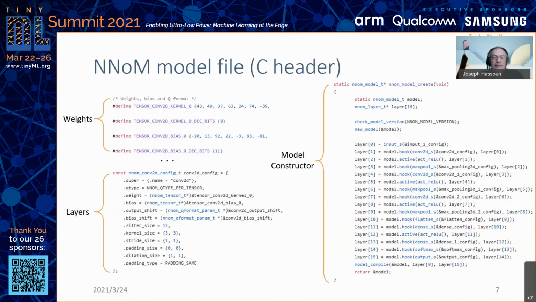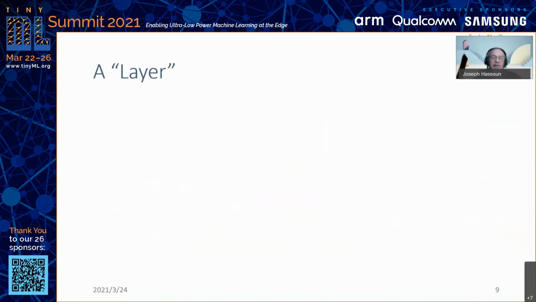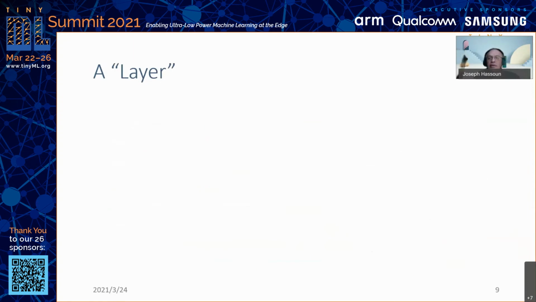No, terminal operations. You mean terminal operations? I don't think so. Sorry, can you repeat the last question again? So, does it allocate memory for tensors in the internal memory of the hardware?